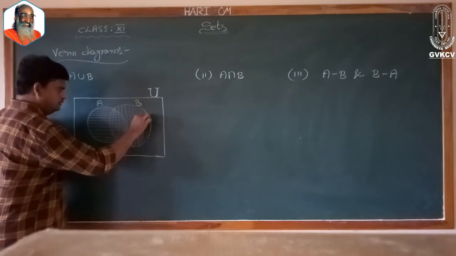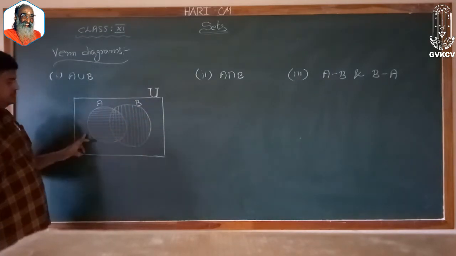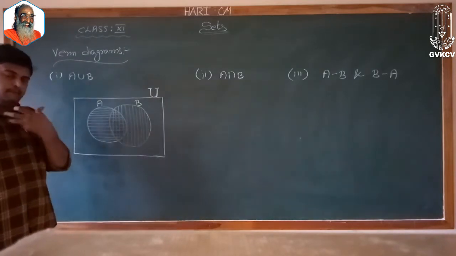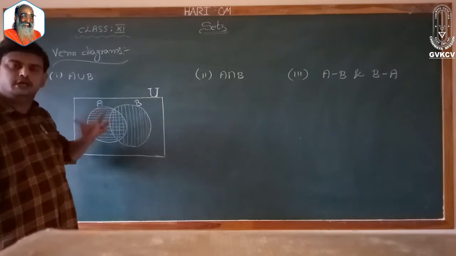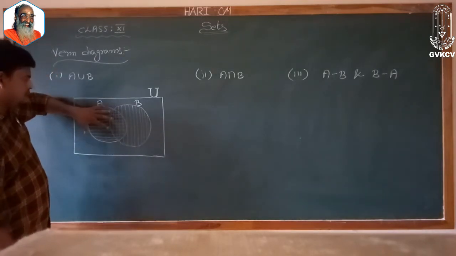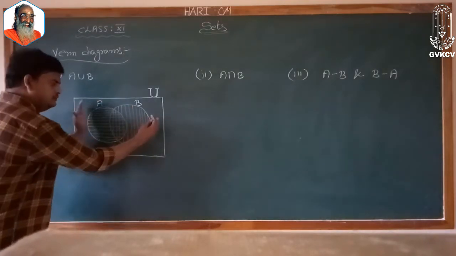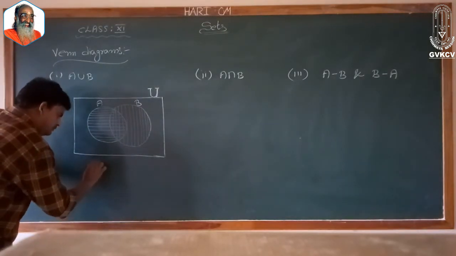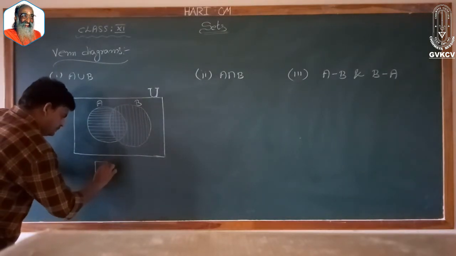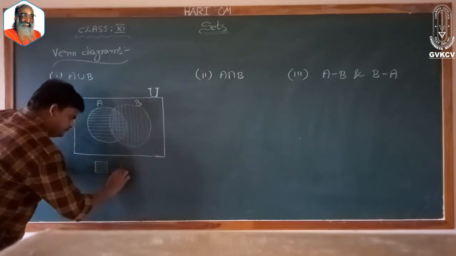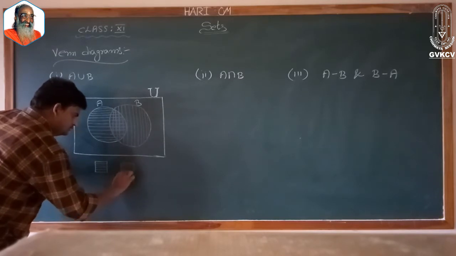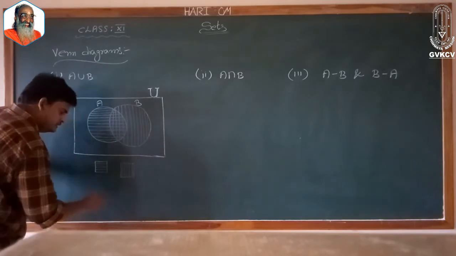This is about shading of set A and shading of set B. Now what my concept of union means here is that of set A and set B, I want to take all elements together. These are the set A elements and these are the set B elements.